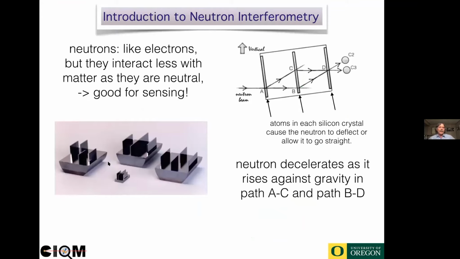Now, let's talk about neutron interferometry, which was in the chapter you were meant to read for this session. A neutron is like an electron. It's a little massive particle, but it doesn't have any electrical charge. Therefore, it interacts less with matter. So it could be good for sensing certain things. In other words, it won't just respond to electric charge, but it could respond to other things.